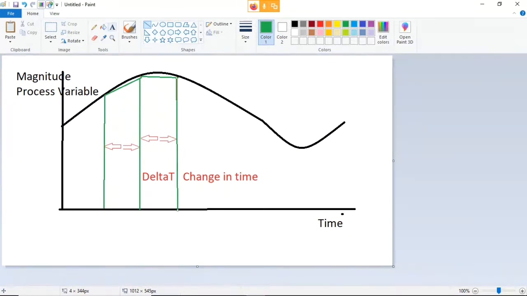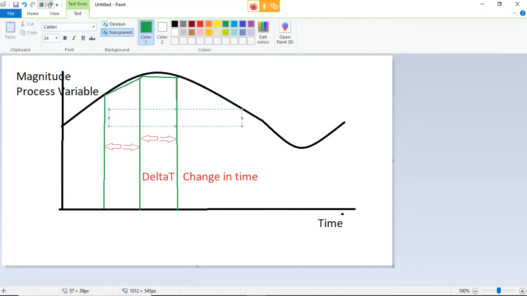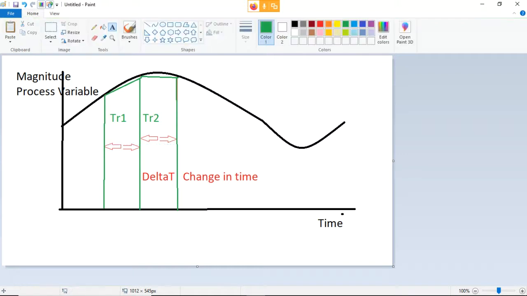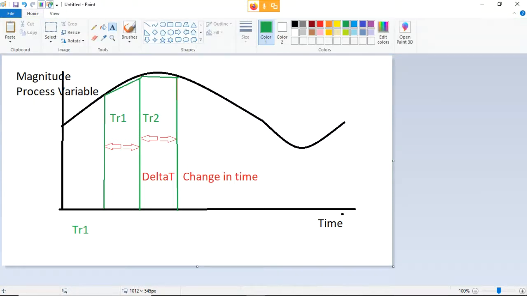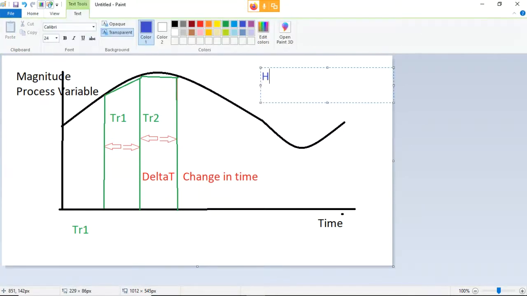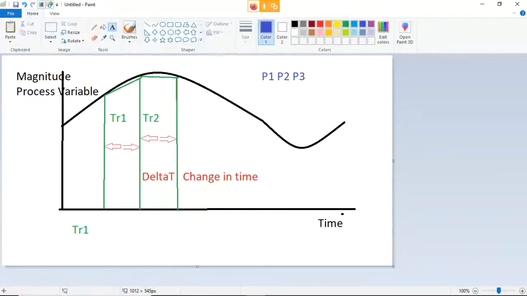Okay, so this is trapezoid 1. These trapezoids here, the area of TR1 is the height 1... Okay, so we're looking at these points here.